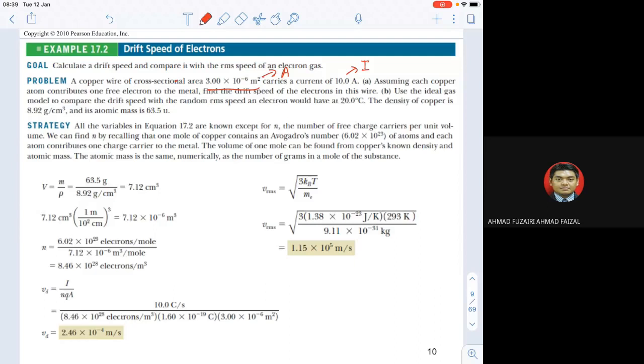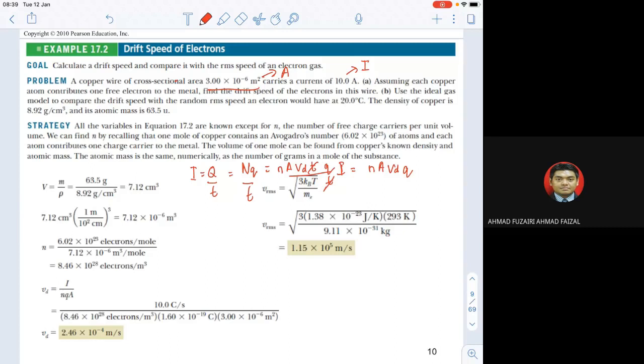Remember, it starts with I equals Q over t, but for Q we can replace it with nq over t, and for n we can replace it with N A vd t, where vd is the drift speed, times q over t. We can cancel out t and t, so in the end we have I equals N A vd q.